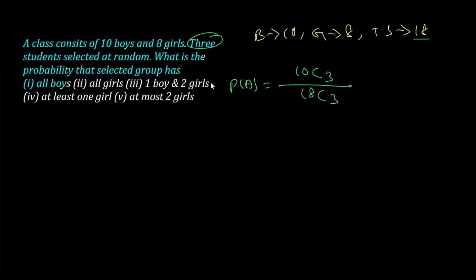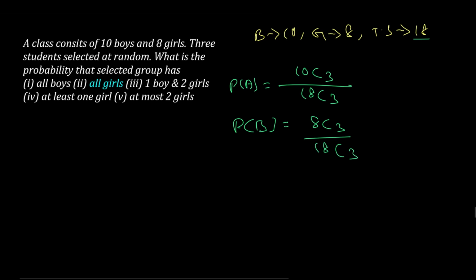Say I use P(A) for the first part. Now similarly for the second part, all girls means we have 8 girls and we need 3 girls. So the number of ways of selecting 3 girls from 8 girls is 8C3, and the total number of ways is 18C3.